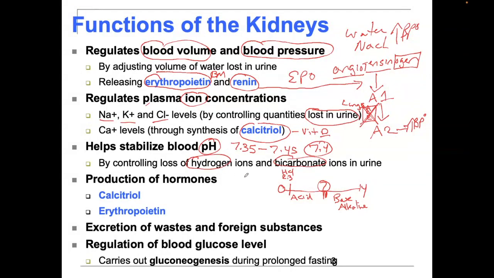So the more hydrogen you have, if this is, let's say, a beaker, and we have water in here, and we add lots of hydrogen in here, lots of H pluses, the more hydrogen, the more acidic.